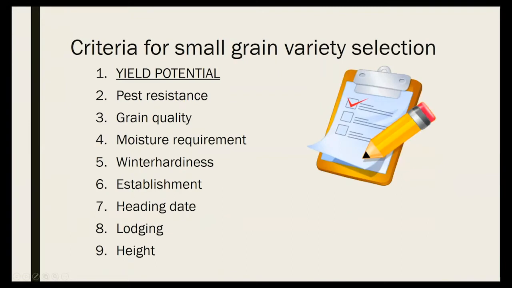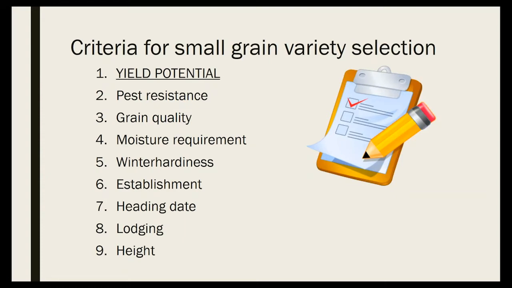So when we're choosing small grains, there's an awful lot of things that we need to think about. The number one is yield potential. The last time that I checked, we all sell small grains for either grain or for forage by the ton or the bushel. And so yield is absolutely critical in this decision. But we've also got critical things such as pest resistance, the quality of the grain that we produce, or forage quality.